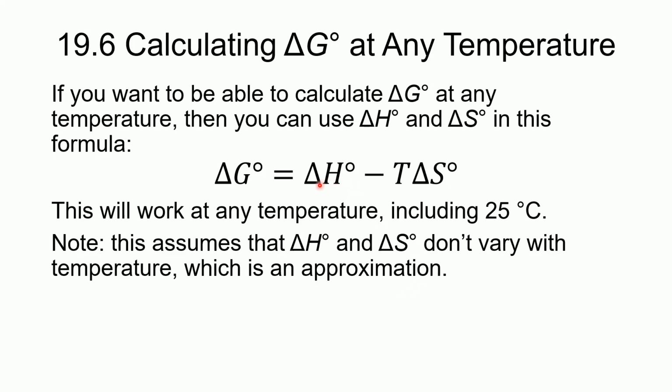It just so happens delta H and delta S do change a little bit as the temperature changes, but we're going to treat them as if they're constant across all temperatures. But just be aware, the further we get away from 25 degrees Celsius, the more uncertainty and the more that approximation may start to break down. That said, we're not going to let that discourage us from doing a useful calculation.